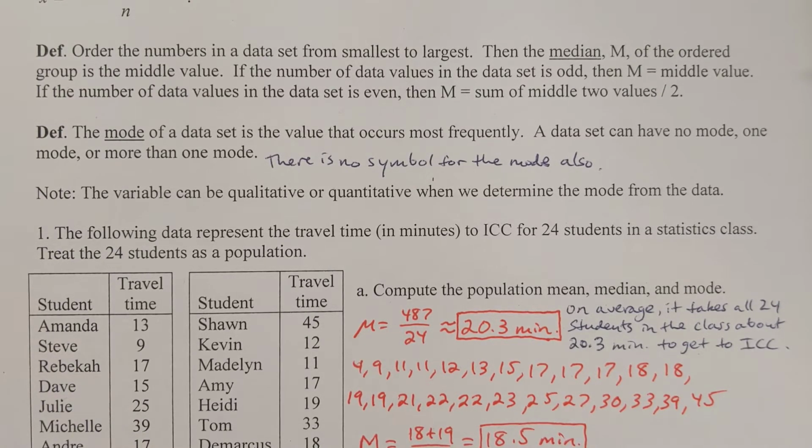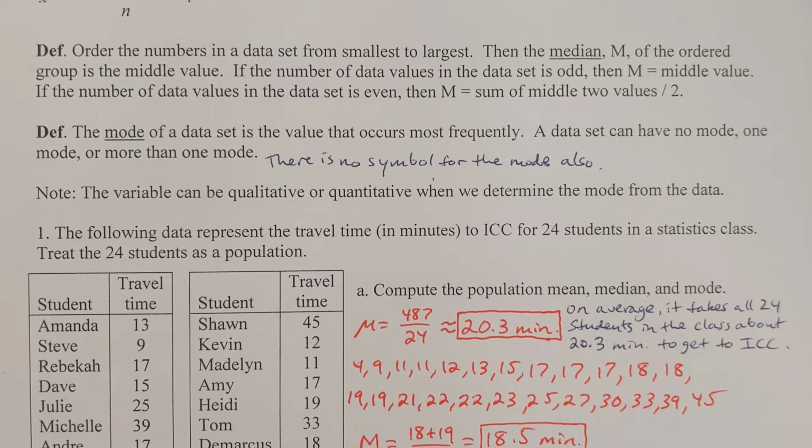A data set may not have a mode. If there's no repetition of values, then there's no mode. Otherwise, whenever there's repetition going on, there will be a mode that you pick off. There's a note there saying that the variable can be qualitative or quantitative when we determine the mode from the data.